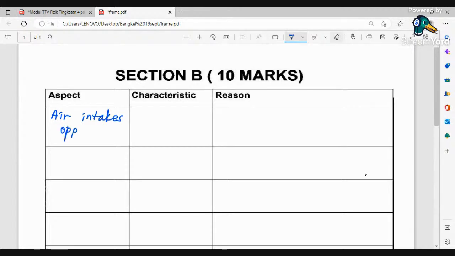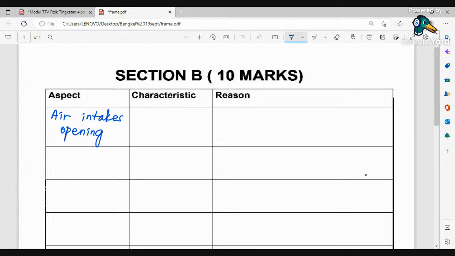Size of opening for air intake. Boleh juga ya. Second punya ialah blades, ataupun kita sebut material of blades.